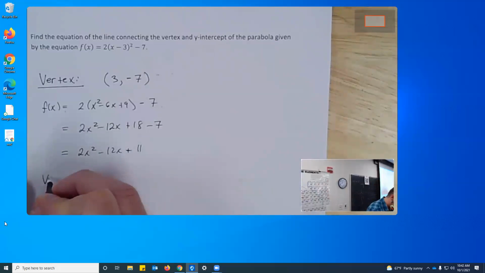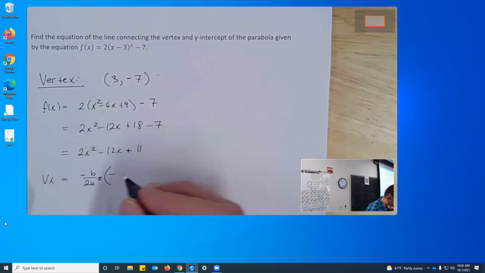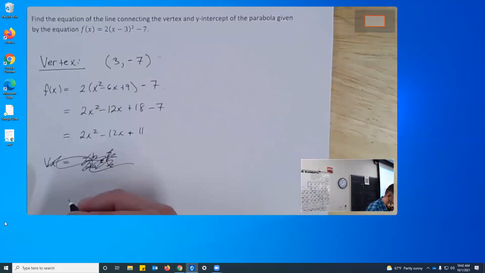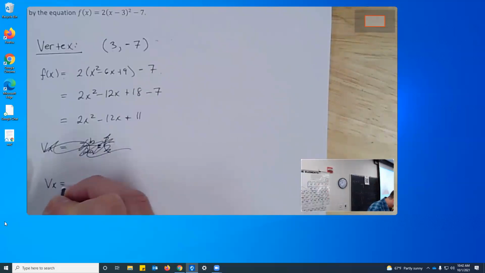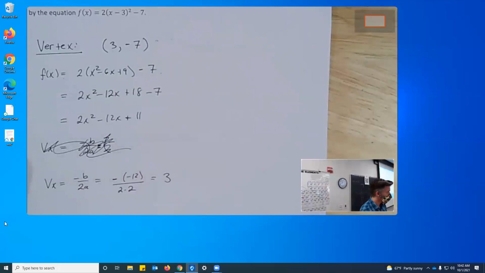So now let's find the vertex in the more typical way. The x coordinate of the vertex is negative b over 2a, which is going to be negative negative 12 over 2 times 2, which is 12 over 4, which is 3.